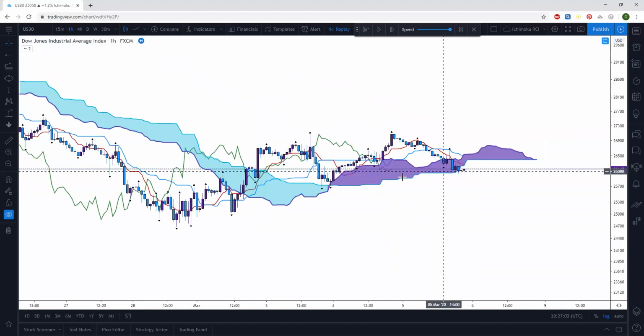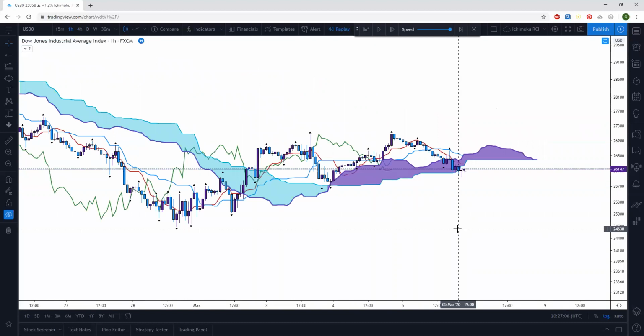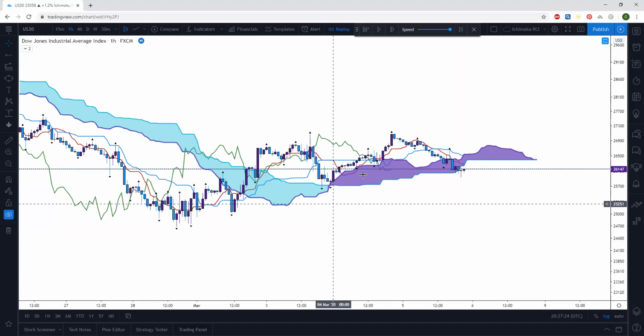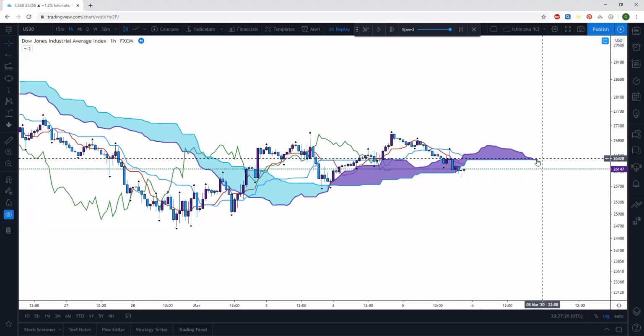What's special about this cloud, or what's not special about this cloud? It's a flat bottom, right? Looks like a twist is about to happen. Is that a bearish one? Right, it is.